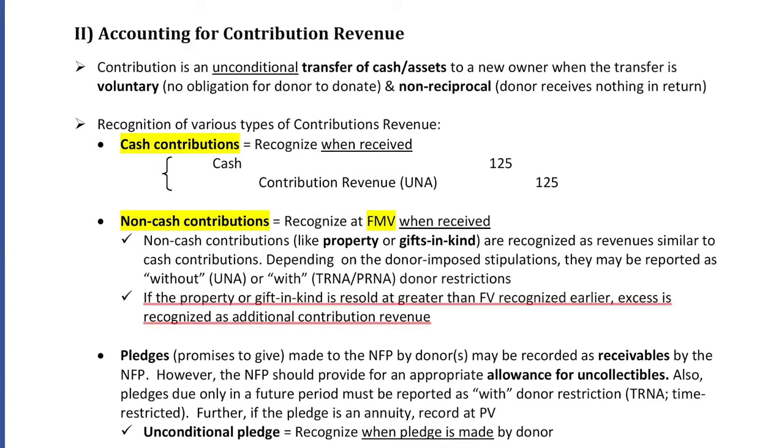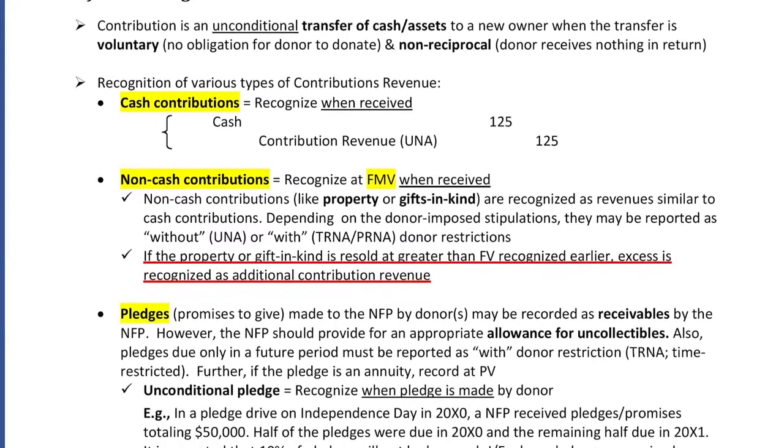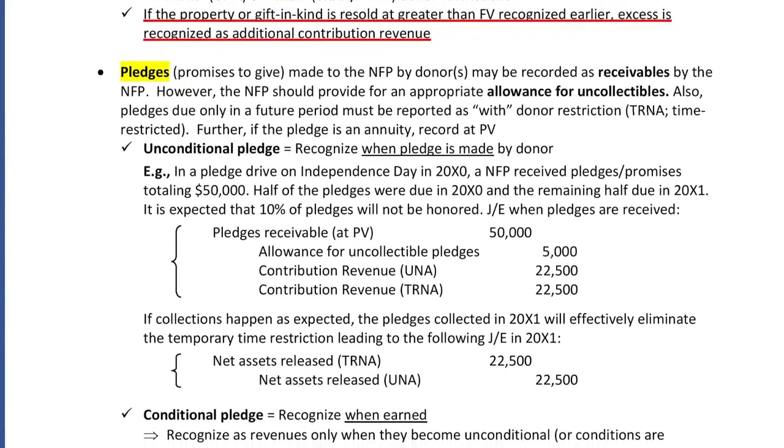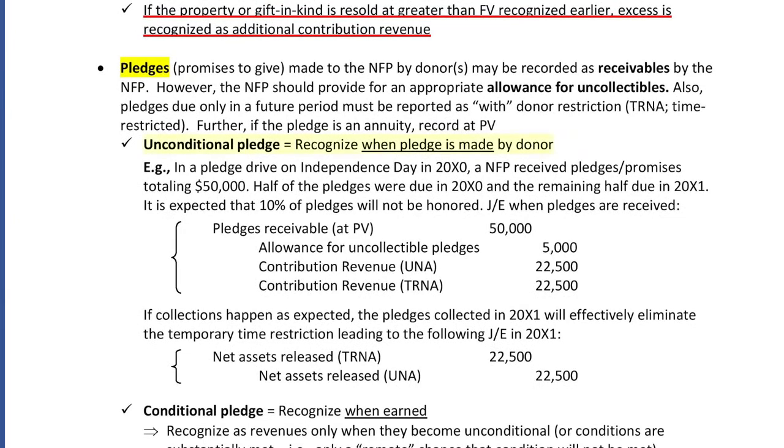Now, underline, if the property or gift in kind is resold at greater than the fair value recognized earlier, the excess is recognized as additional contribution revenue. Next, we've got pledges. If it is an unconditional pledge, recognize when the pledge is made by the donor.